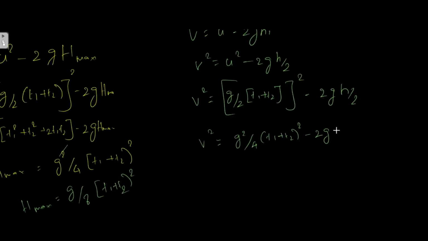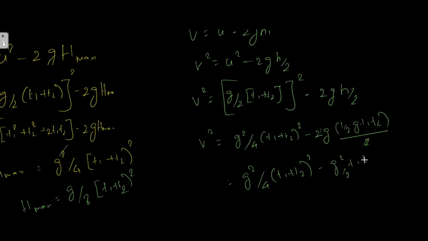Just put half g t1 t2 by 2. Then we have the final formula: g squared by 4 (t1 plus t2) the whole square minus g squared by 2 t1 t2, the 2 cancelling each other.